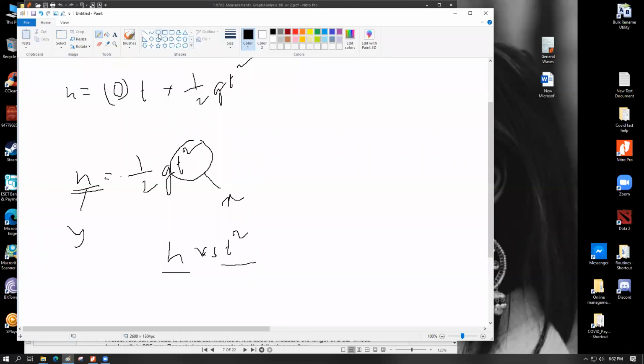The part that you are left with is essentially what represents the gradient, because our straight line is supposed to be y equals mx. What is the gradient? Is it g or is it something other than g? Half g. It is half g. So the gradient of the h versus t square graph does not give you g altogether. The gradient of the graph, which can be calculated by delta h by delta t squared, gives you half g. So to calculate g, what is it that you have to do?